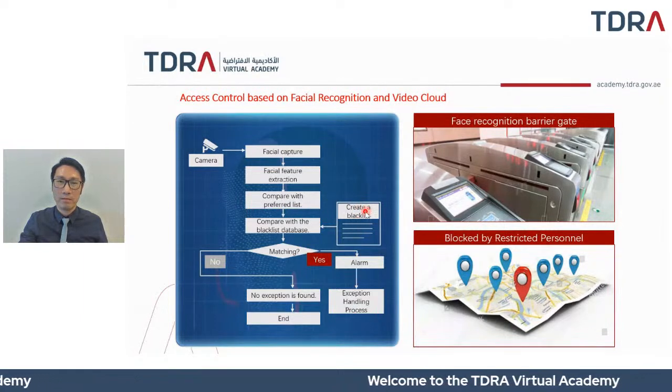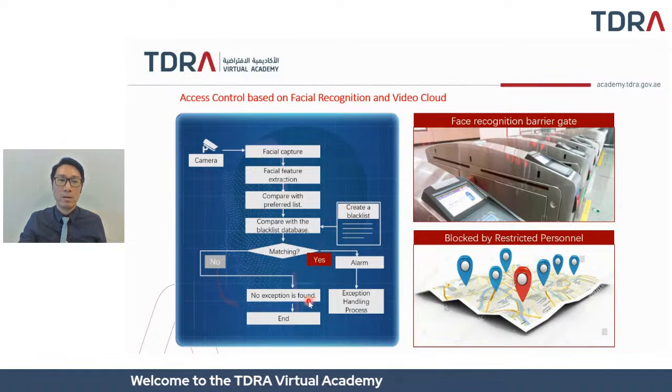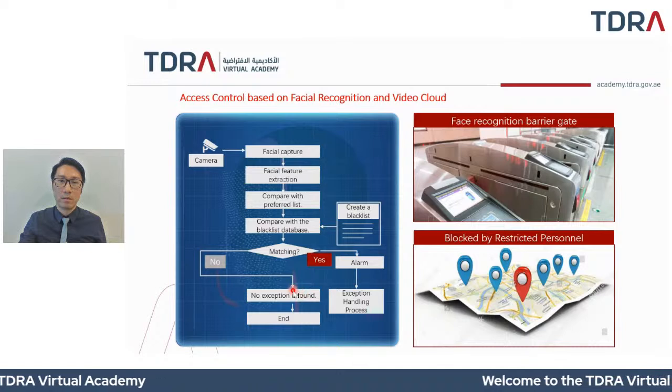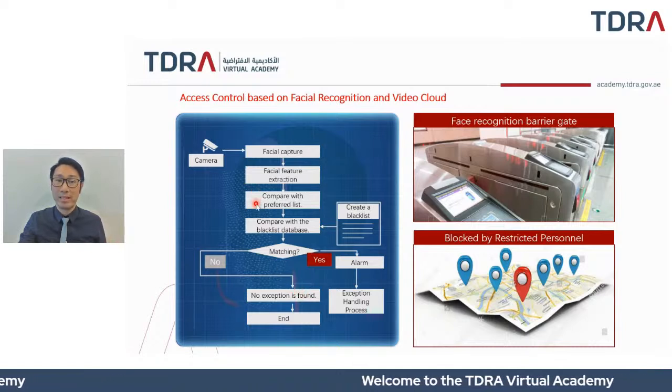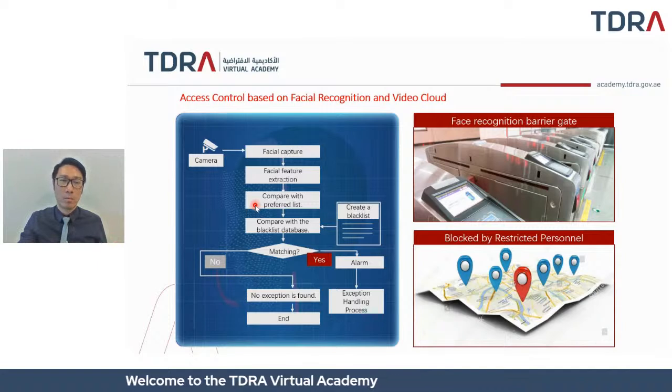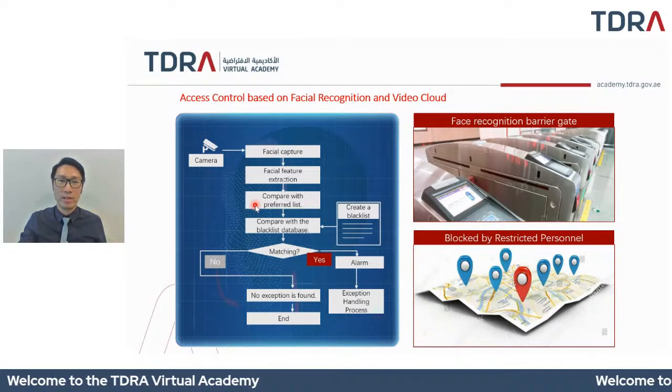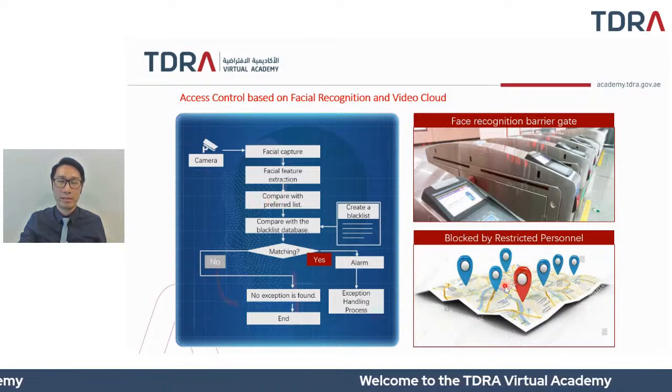So for example, if we have some intruders before, then we have the blacklist, and this person is not allowed into the campus. Okay, so only the employee is allowed, for example, into the building for the company. So this is integrated, and we can block and restrict some personnel from entering the campus.